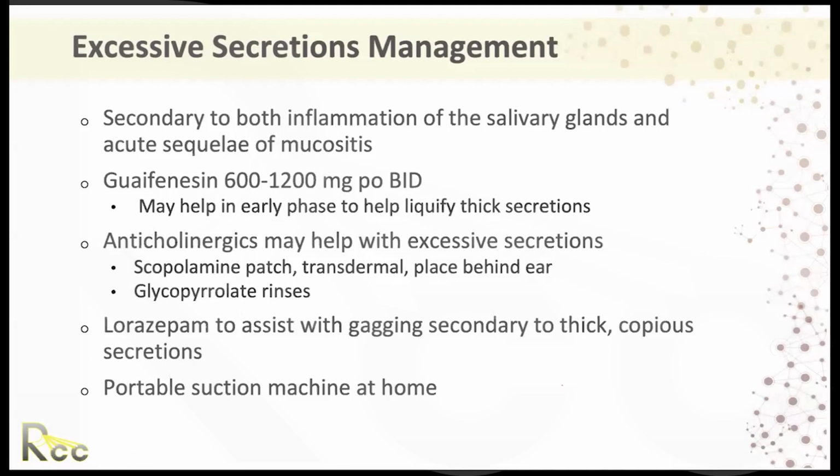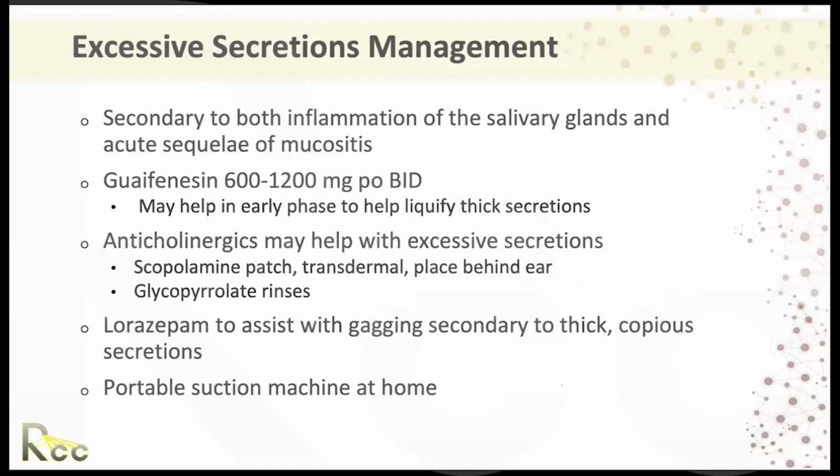Other things that you can use: anti-anxiety medications. I should have put a poll asking this question: how many of you prescribe anti-anxiety medications for head and neck cancer patients? I will say in my practice, about a quarter of patients require anti-anxiety medications for a whole host of reasons. One is for secretions, another is for claustrophobia with the mask.